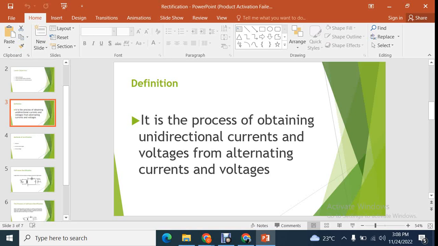And it is true that the unidirectional current is what we call direct current, and the bidirectional current is the AC.